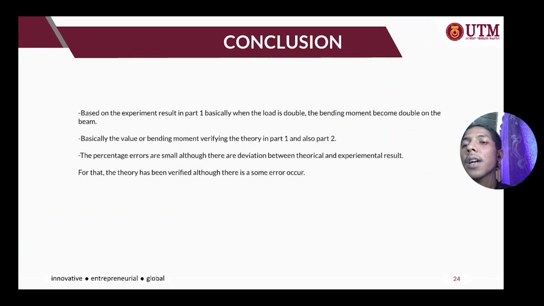The percentage errors are small, although there is a deviation between theoretical and experimental results, with 55% and 22% percentage error. For that, the theory has been verified, although there is some error that occurred. That's all from us. Thank you.